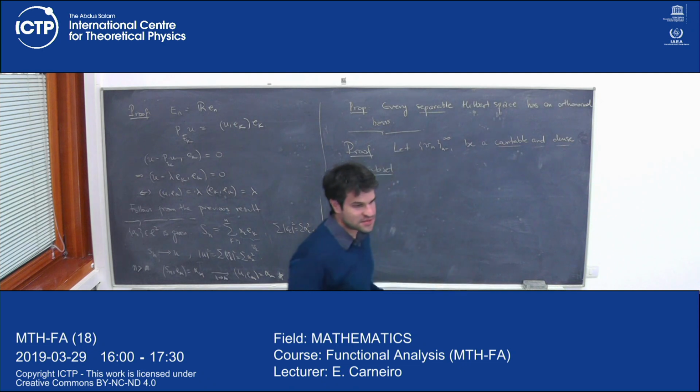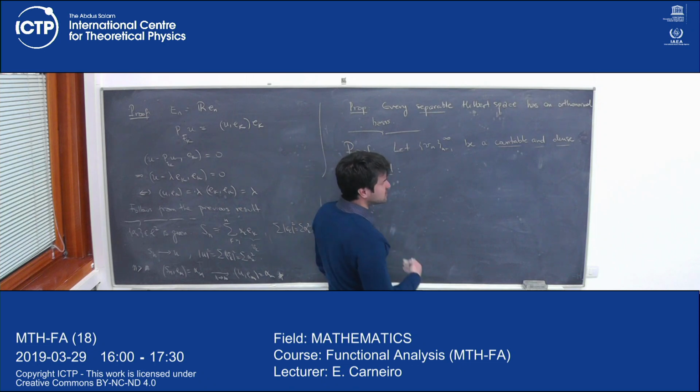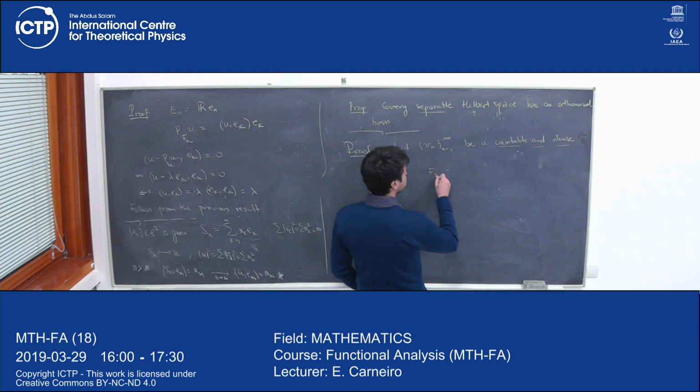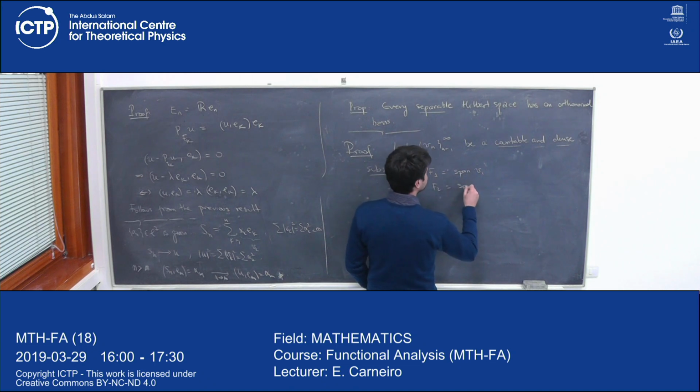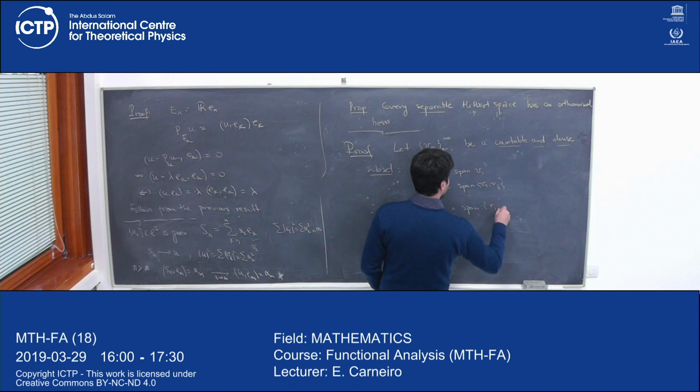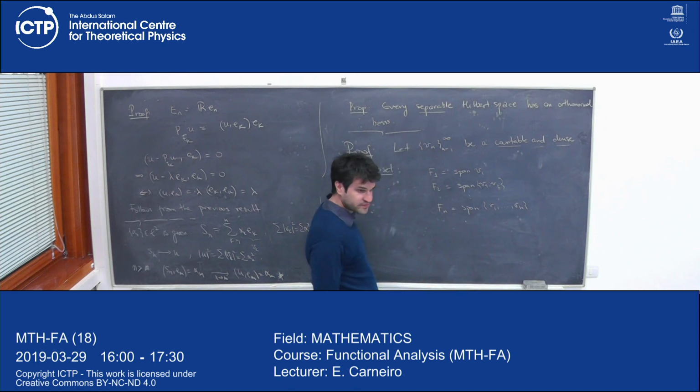And what you do now is you take the subspaces generated by these guys. So let's start and say F1 would be the span of V1, F2 would be the span of V1 and V2, and say Fn would be the span of V1 up to Vn. You can take spaces like this.